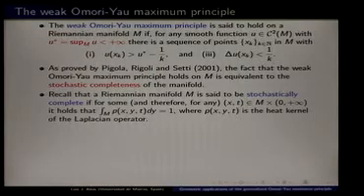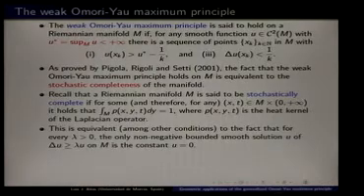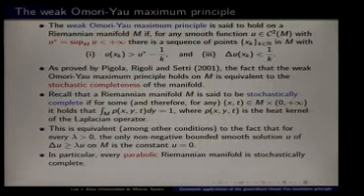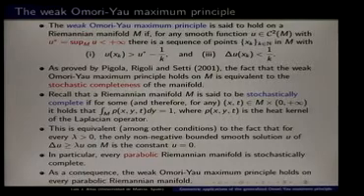For us, it is equivalent, among other conditions, to the fact that for every positive lambda, the only non-negative bounded smooth solution to this inequality is the constant function u equal to 0. So in particular, every parabolic Riemannian manifold is stochastically complete. And as a consequence, the weak maximum principle holds on every parabolic Riemannian manifold.